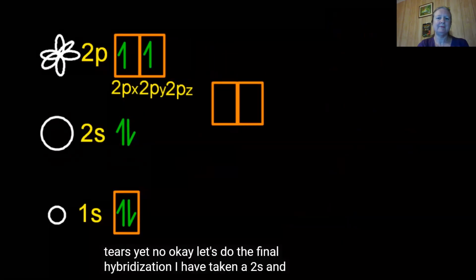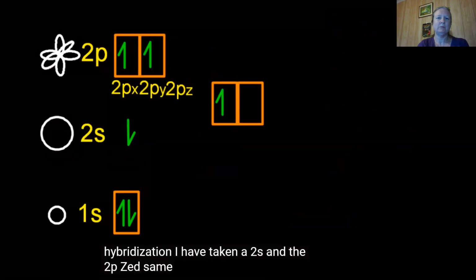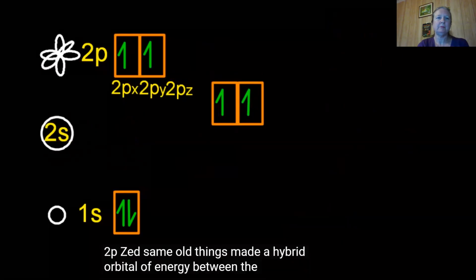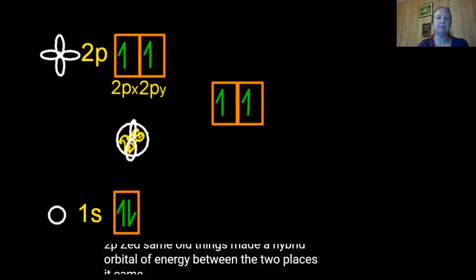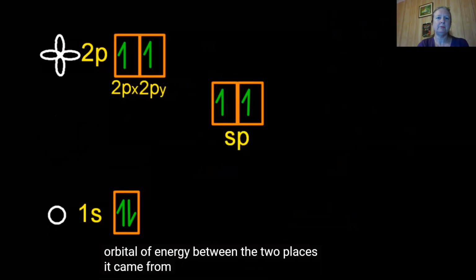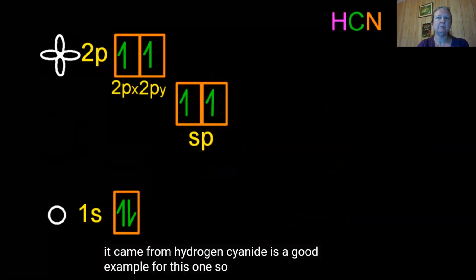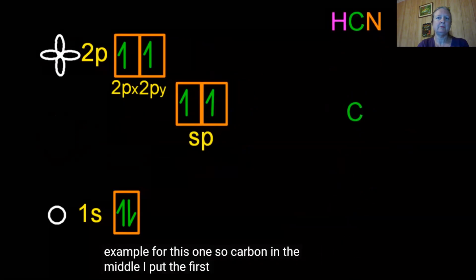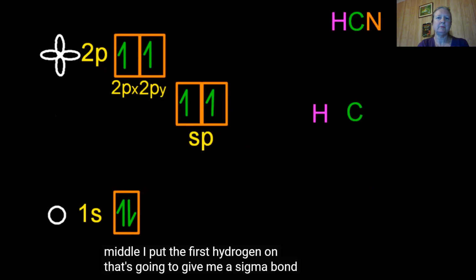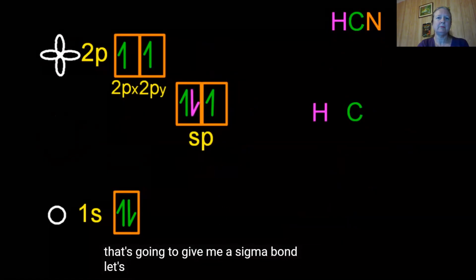I've taken the 2s and the 2pz, same old things. Made a hybrid orbital of energy between the 2 places it came from. Hydrogen cyanide is a good example for this one. So carbon in the middle, put the first hydrogen on, that's going to give me a sigma bond. Let's put the nitrogen in.